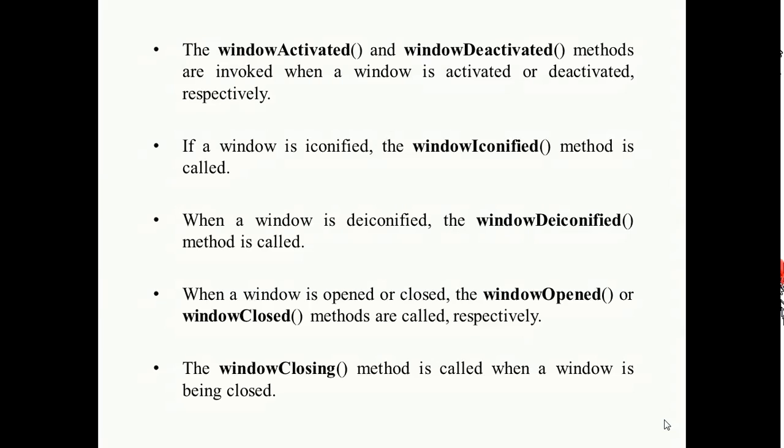First we have seen the action listener interface, second the item listener interface, third the key listener interface, fourth the mouse listener interface, fifth the mouse motion listener interface, sixth the text listener interface, and the last one is the window listener interface. These are the total 7 listener interfaces. We saw a total of 7 listener interfaces and also examples of these interfaces.